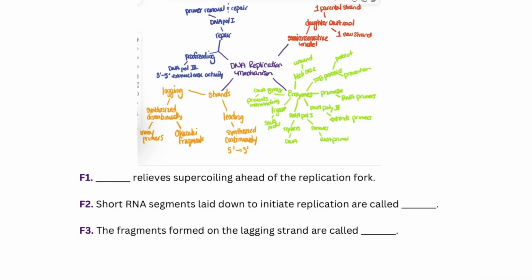Number 3, the fragments formed on the lagging strand are called blank. So take advantage of your micro mind map, and then you can put your answers in the chat.